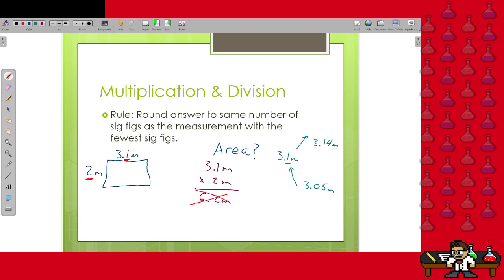So we have this rough range of numbers that all could give us this measurement of 3.1 meters.